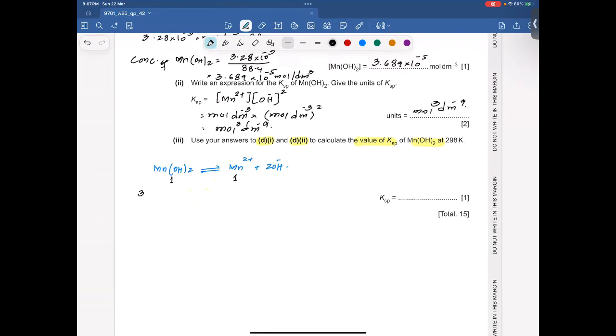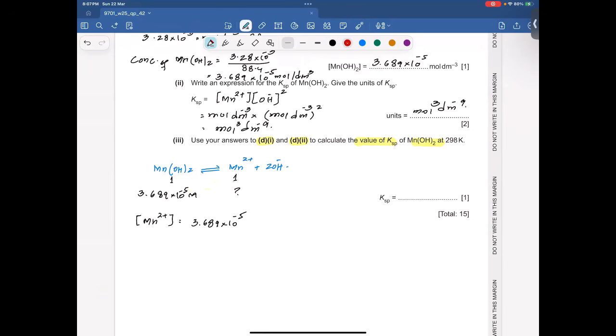So if we have 3.689 into 10 to the power minus 5 mole per dm cube concentration, obviously it will be the same concentration for magnesium 2 ions also, which is 3.689 into 10 to the power minus 5.